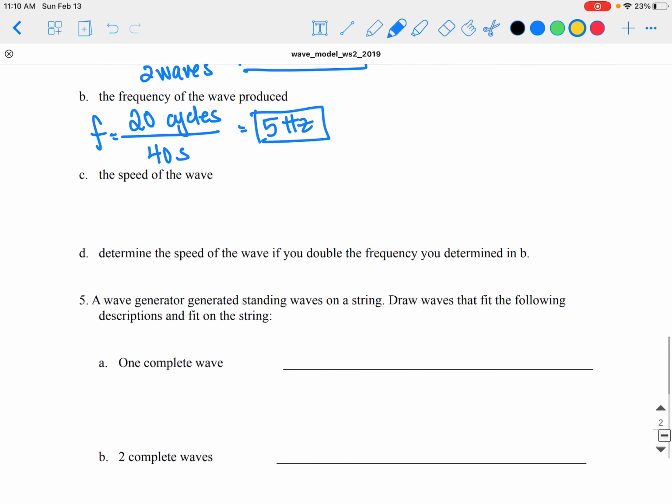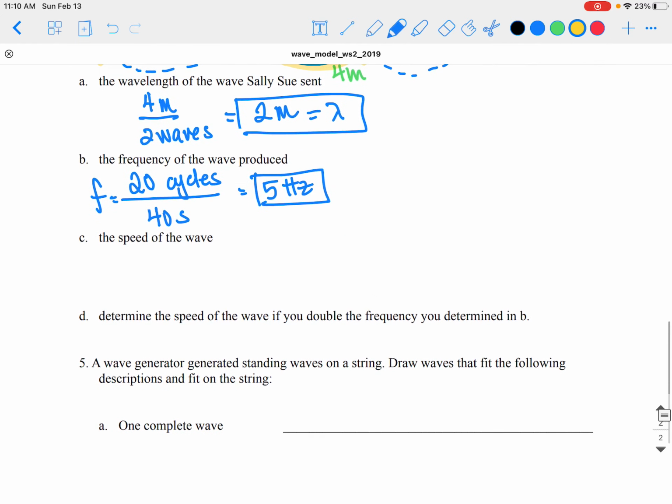And then the speed of the wave. So I'm obviously going to need my wavelength, which is actually 2 meters. I've got my frequency, which is 5 hertz, and I need my velocity, which is what I'm solving for.